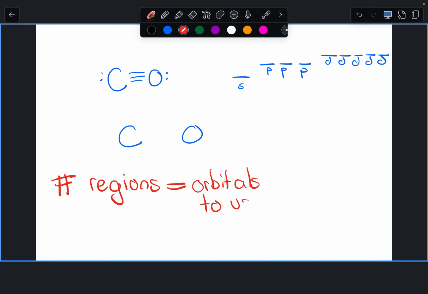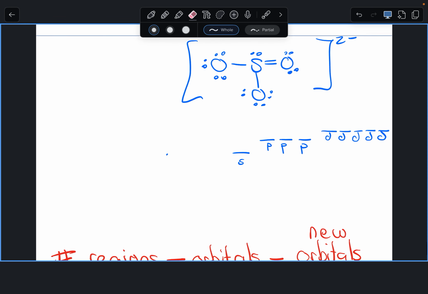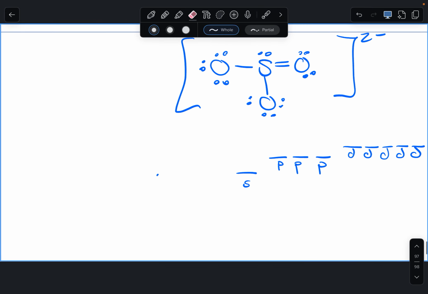So I'll say orbitals to use, and that's going to equal the number of orbitals that we make, so new orbitals made. For SO3 2-, I just saw a flaw of using CO, so we might have to switch that to CO2 in our example in a second. Let's stick with SO3 2- for now.